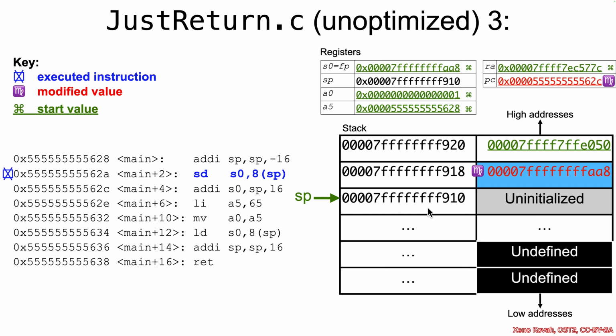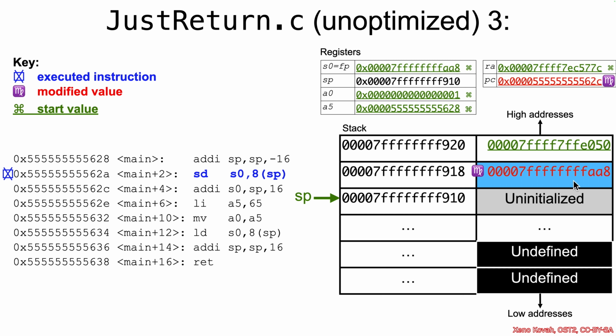So stack pointer 0x7f...910 plus 8 brings us up to 0x7f...918, and store the value from s0, which is also known as the frame pointer. So store the value from s0, which is 0x7f...AA8, to this memory address. Whatever we calculated with the sp plus 8, treat that as memory, and that is stack memory, store the value from s0 there.